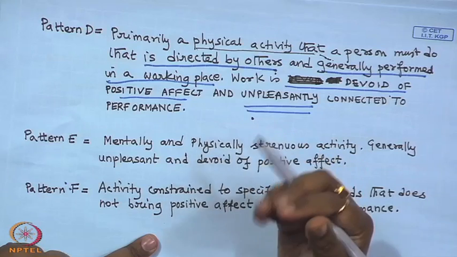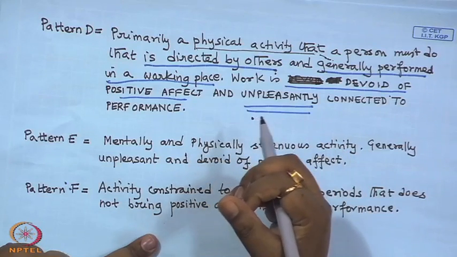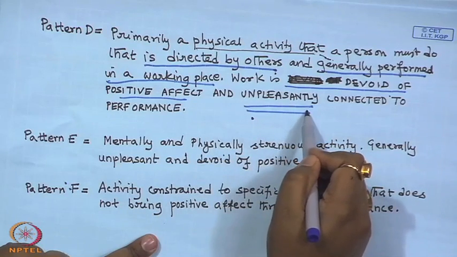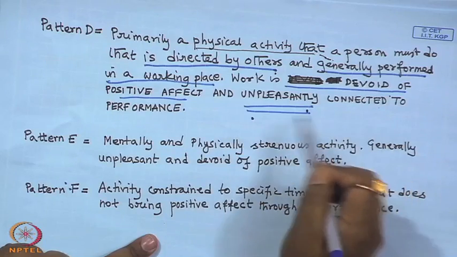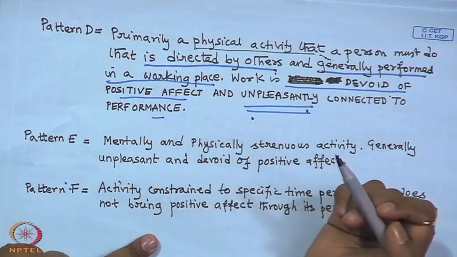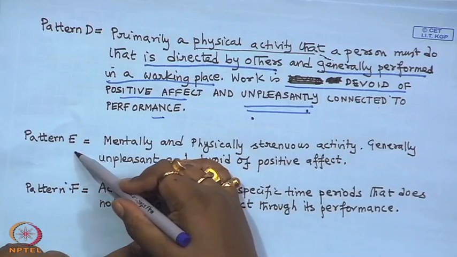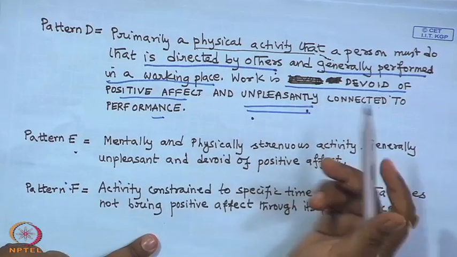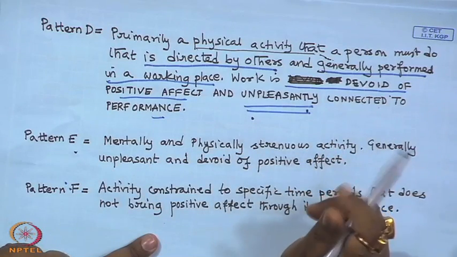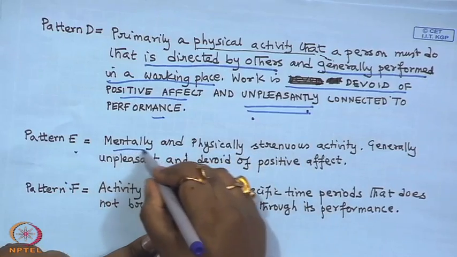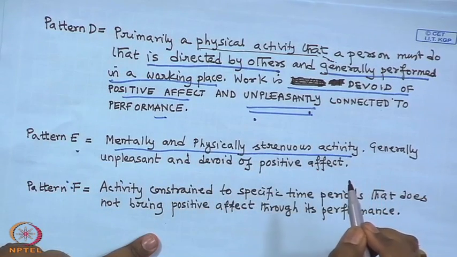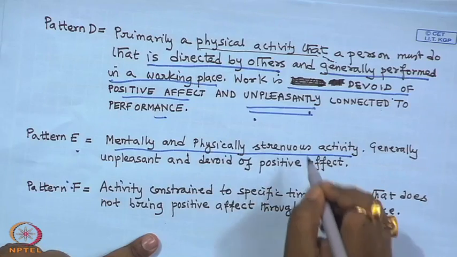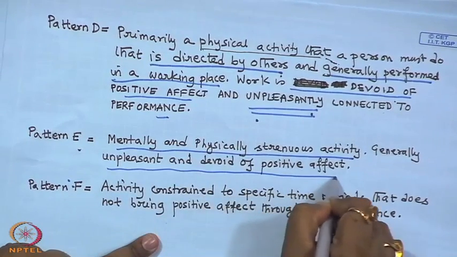It is devoid of any positive effect, which is why it becomes unpleasant. Pattern E takes the job to be a mentally and physically strenuous activity, generally unpleasant and devoid of positive effect.